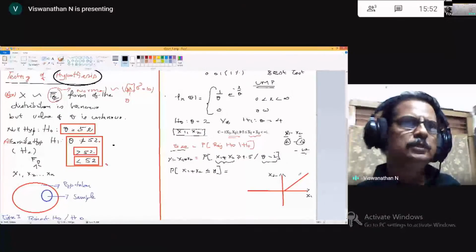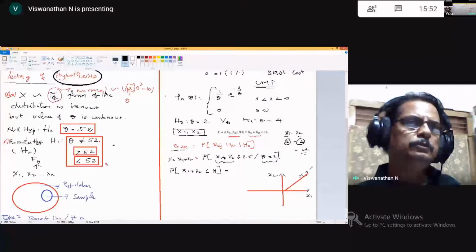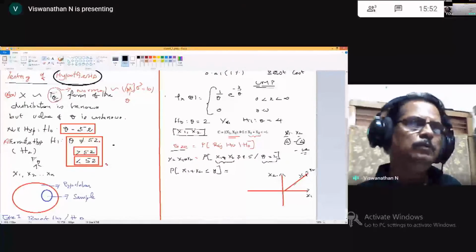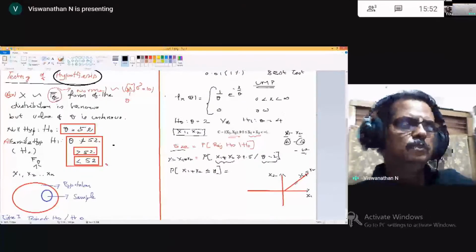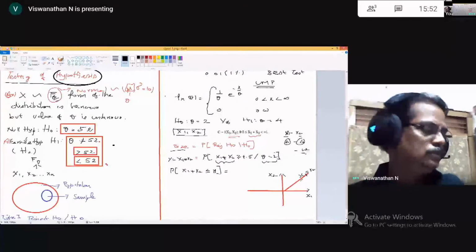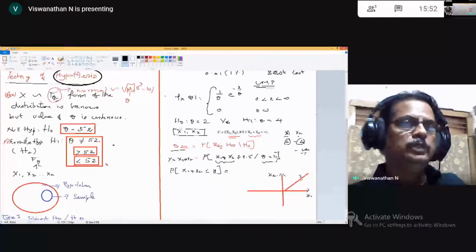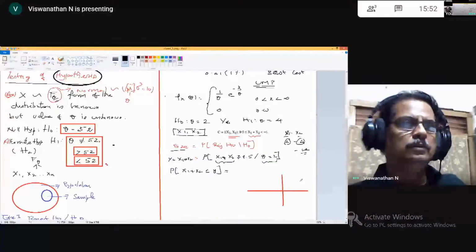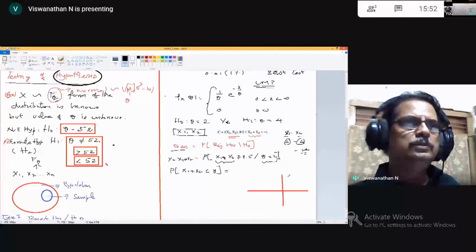This line is nothing but x1 equal to x2, but I want x1 plus x2, so I should not use this. One sec. So x1 plus x2 equal to y. The line will be something like this.